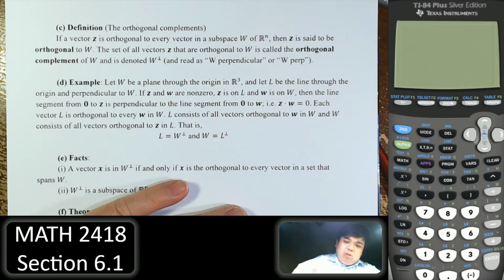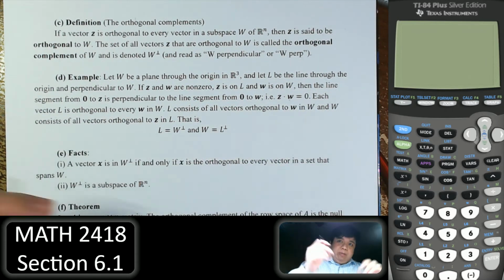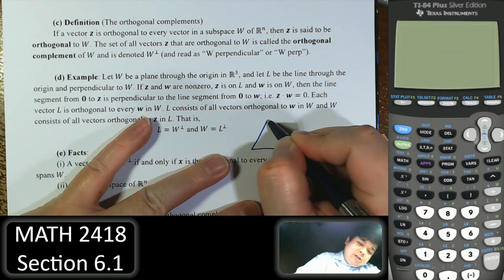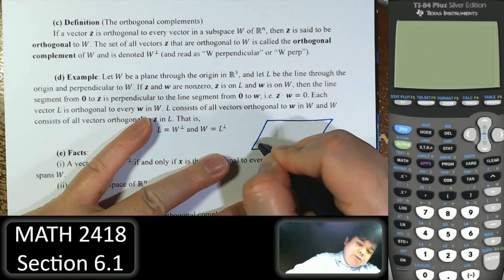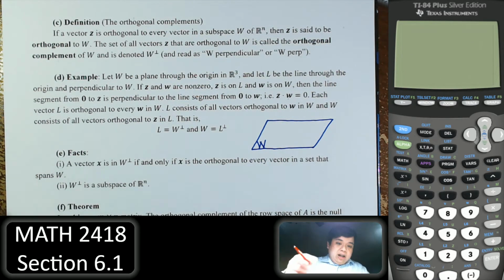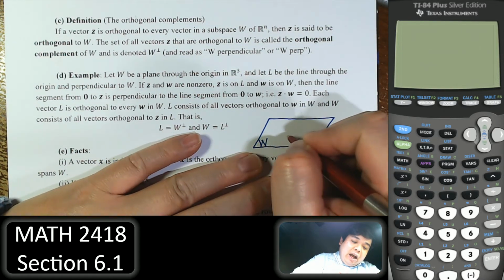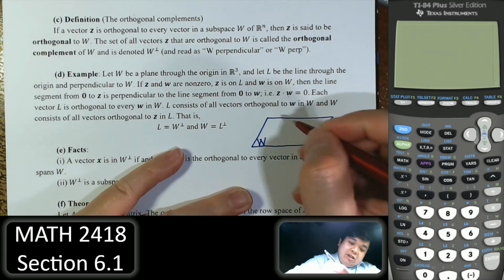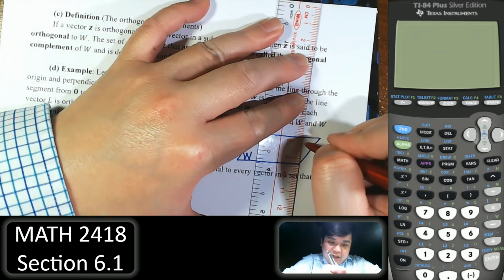Well, that's a lot of work. It's easier to just try to draw it. Now we have R3, three-dimensional space. Let's say in that we have a plane. And this plane is W. And with that we have the line that is perpendicular to every line. We should say there's a line that is orthogonal to every vector on the plane.